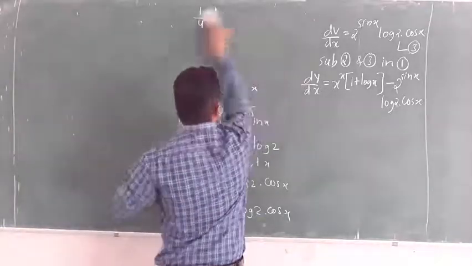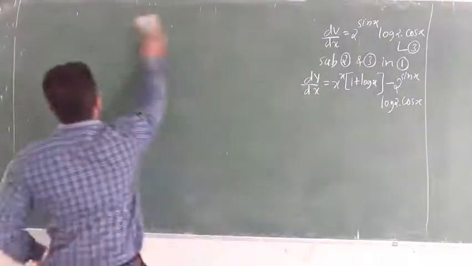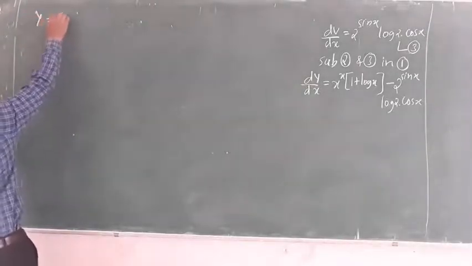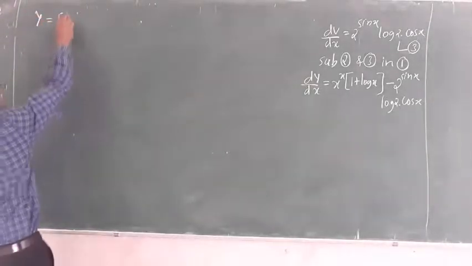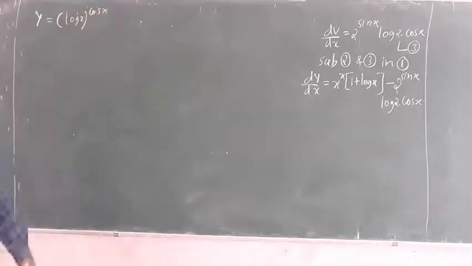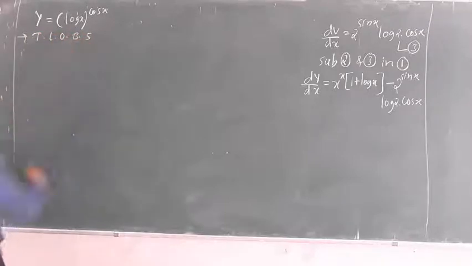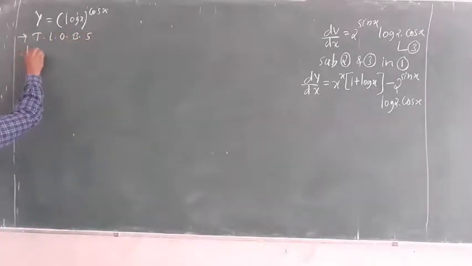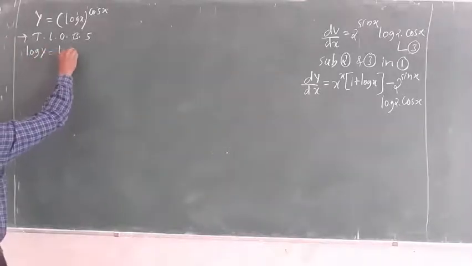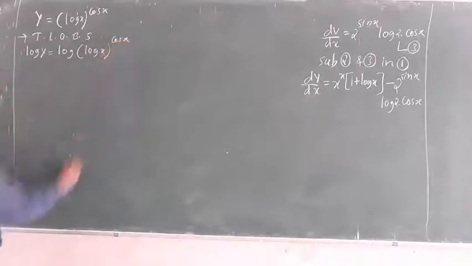Next, again I will see some different type. y is equals to log x to the power cos x. Here again taking log on both the sides, therefore log y is equals to log of log x to the power cos x.